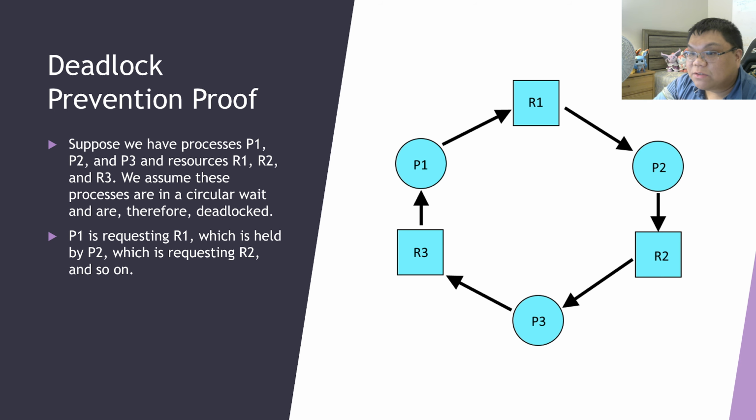Suppose we have processes P1, P2, and P3, and resources R1, R2, and R3. They're all deadlocked. They're all in a circular wait, and they're therefore deadlocked. P1 is requesting R1, R1 is held by P2, P2 is asking for R2, R2 is held by P3, and so on and so forth.